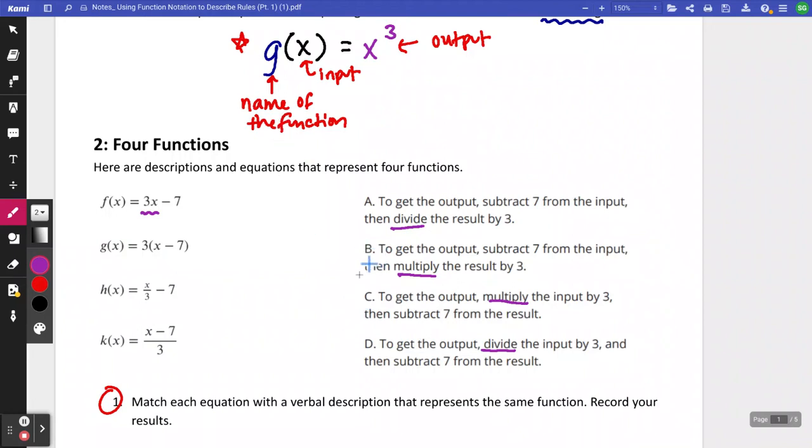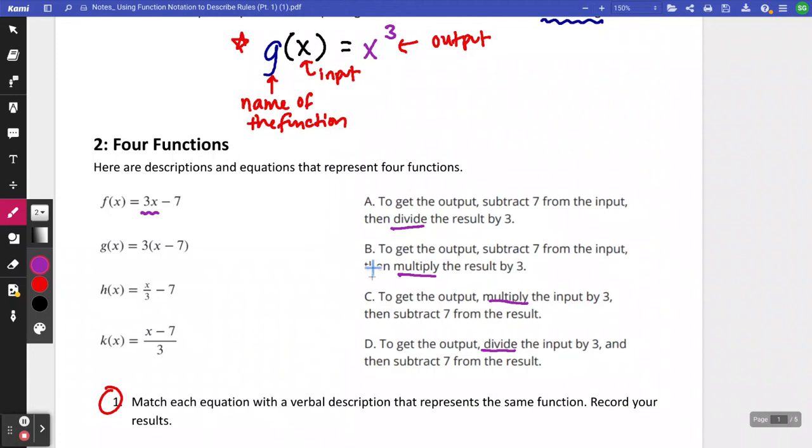When I read through B, it says to get the output, subtract 7 from the input, then multiply the result by 3. And when I read C, it says to get the output, multiply the input by 3, then subtract 7 from the result. So the difference between B and C is the order that math is happening.